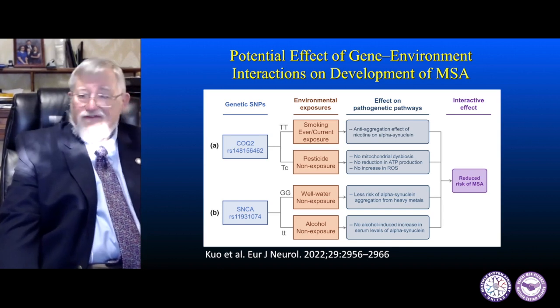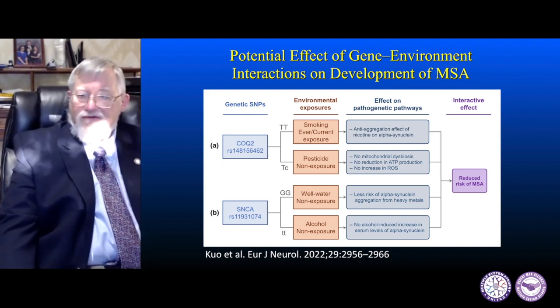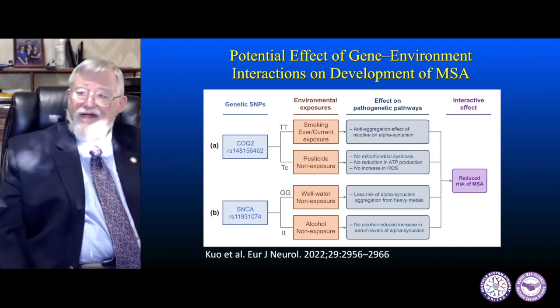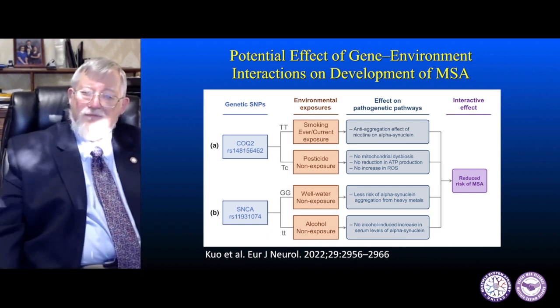Of course, smoking's not good for you no matter what genes you've got, and it's not going to be helpful unless you happen to have this particular variant of this gene. But if you did, then that gene would help protect you from the possibility of smoking triggering alpha-synuclein aggregation and result in a reduced risk of multiple system atrophy.